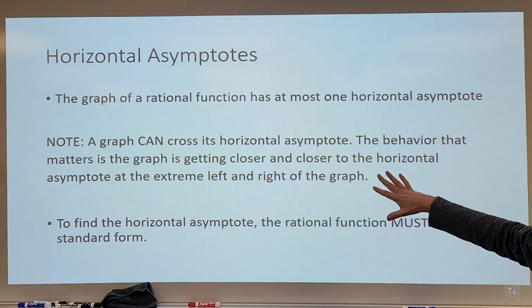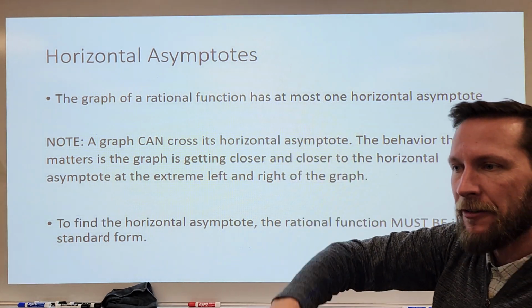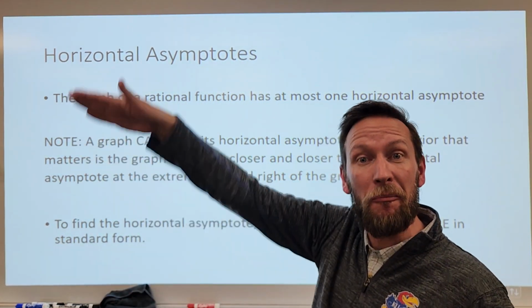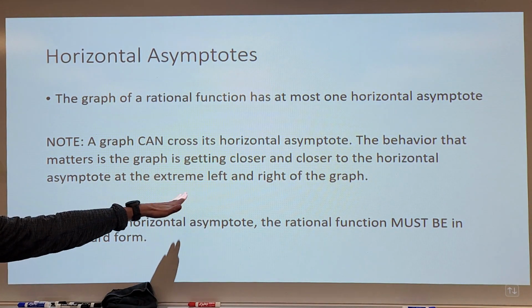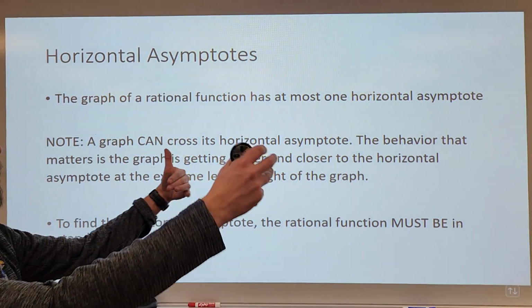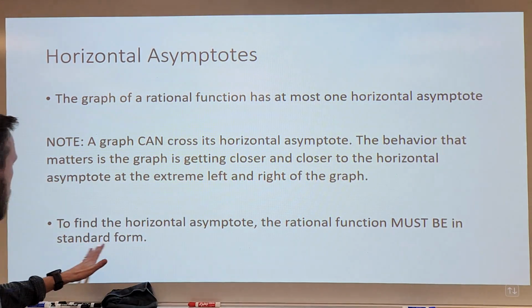We're really considering that end behavior, and how the graph approaches that value, even if it bounces above and below that horizontal asymptote. Obviously we're looking at the extreme left and extreme right, and along the way we'll see how it happens as we get there. By extreme left and extreme right, I mean negative infinity and positive infinity, okay?